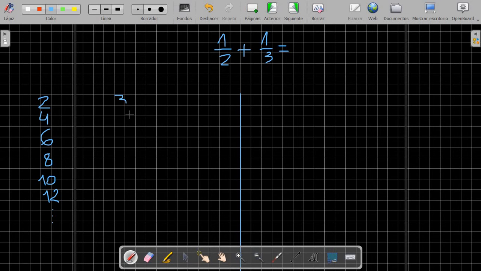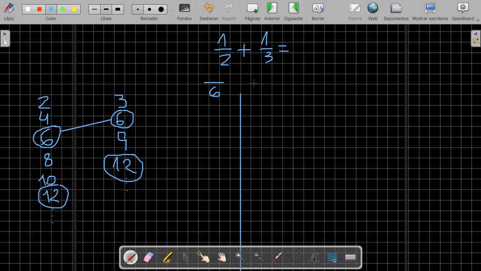And the multiples of 3, we have 3, 6, 9, 12, and so on. Among these, there are some that are common, for instance 6 and 12. But among these common multiples, there is only one that is the least of all, and that one is 6. What are we going to do with that 6? That is going to be our new denominator.